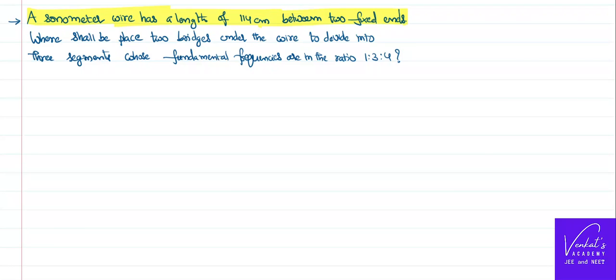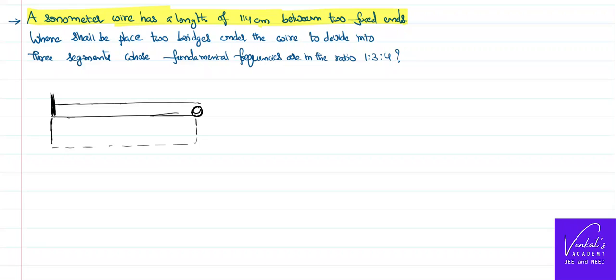I am drawing a diagram in two dimensions, but the sonometer consists of a wooden box like this. Assume there is a wooden box. On that wooden box, there will be a kind of stand. To that stand, we will arrange a light-weight, extensible wire, like this.